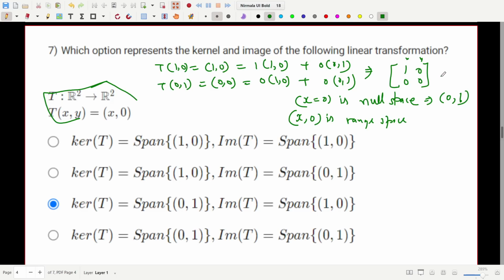So for the null space, we need x equal to 0 and y anything. So we get the kernel of T as the span of (0, 1), the null space. The (x, 0) is the range space, so (1, 0) spans the range space. After that, the span of (0, 1) is the kernel of T and the span of (1, 0) is the image of T.